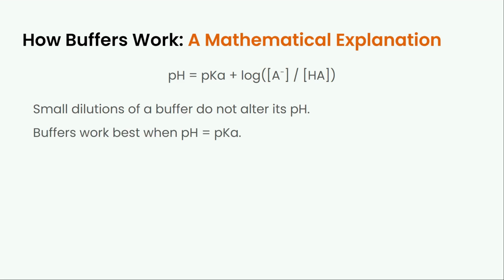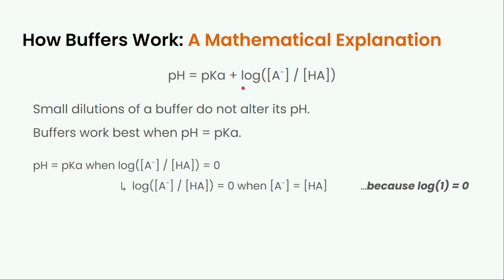And we can also use this equation to explain why buffers work best when pH equals pKa. Remember, pKa was at that midpoint of our graphs earlier on when the concentration of HA equaled the concentration of A minus. And that's actually because, well, let's look at it mathematically. When would pH equal pKa? Well, it would do so when this last term cancels out to 0, right? Because then our equation would simplify just to pH equals pKa.